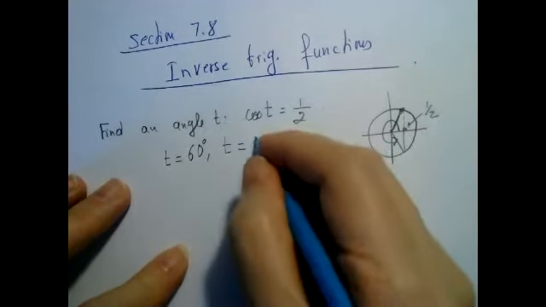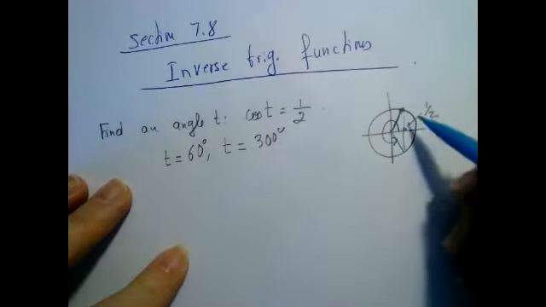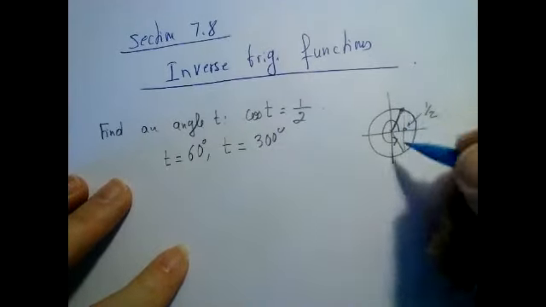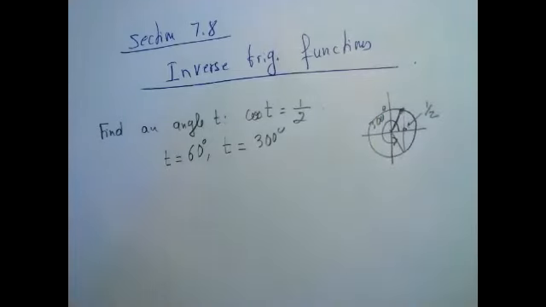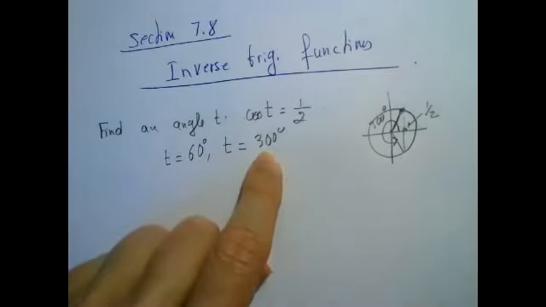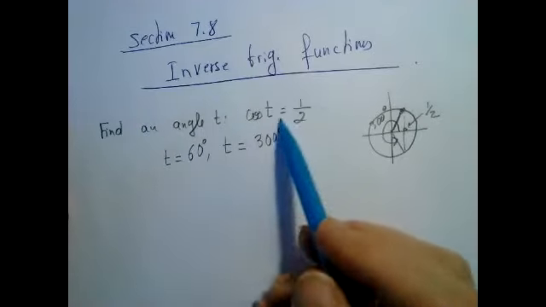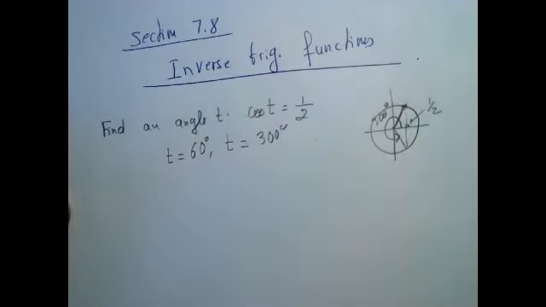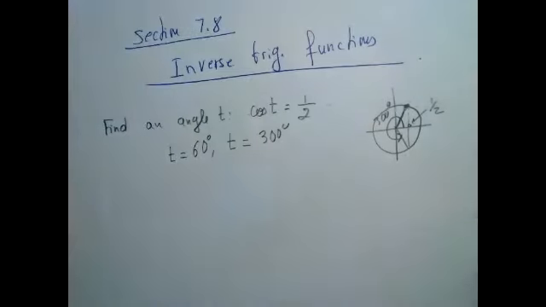Another one would be 300. Since the cosine is the x coordinate, I need another one that has the same x coordinate. It's going to be 300. And there are other angles. The minute you add 360 to that, you have the same. So if I tell you find an angle such that cosine t is 1/2, you can give me 60, you can give me 300, you can give me a lot.